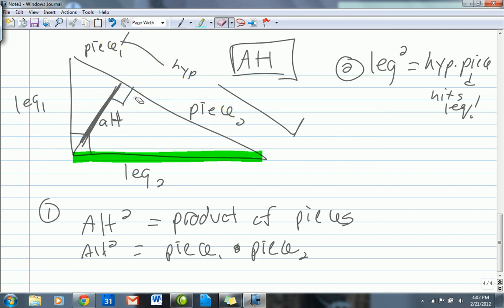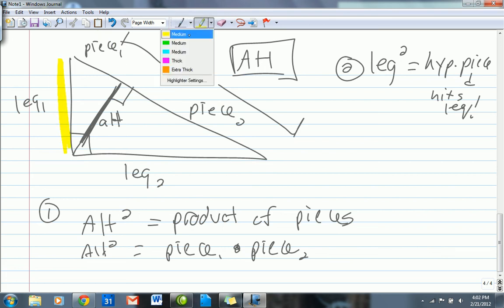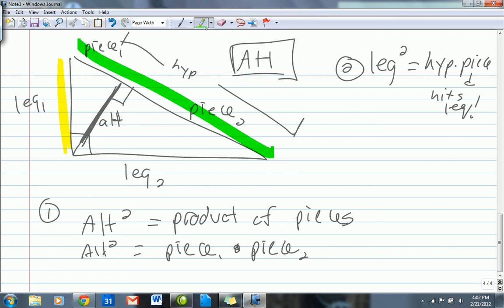Or the same thing can be said for the other leg squared. So the square of this particular leg is equal to the product of the whole hypotenuse times the piece that hits that leg. Okay? And those are our two general rules for AH, altitude on hypotenuse.